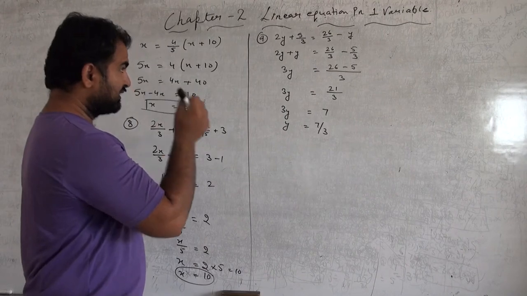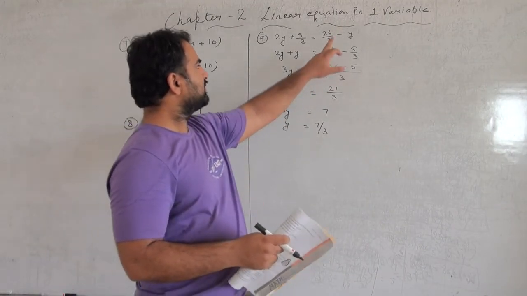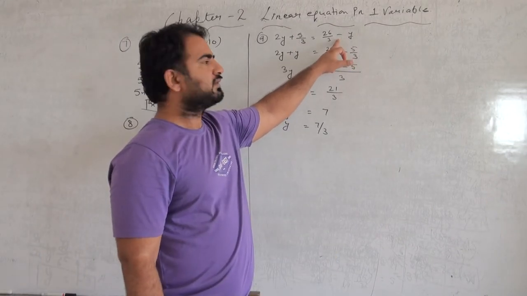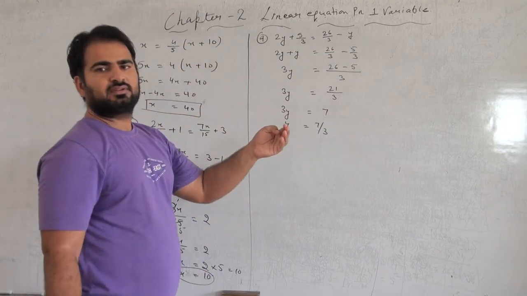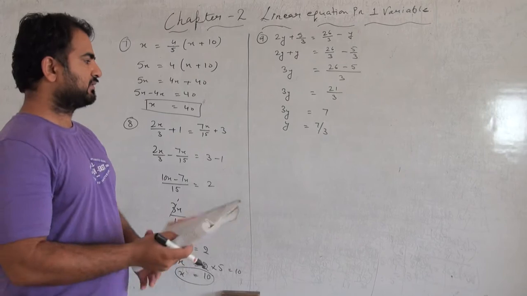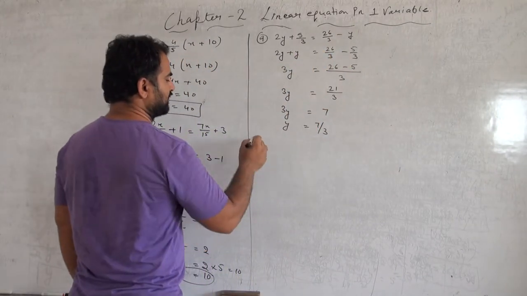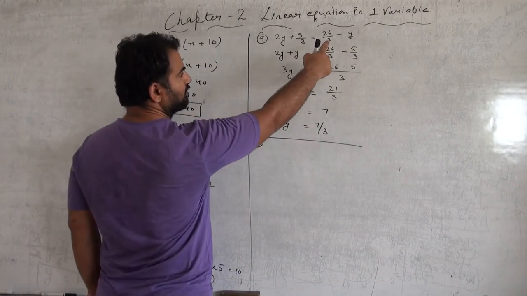Okay, so class, in my book the sign is not given. So I have taken minus y. What will happen if there is a positive y? So I am doing it again, taking plus y there.